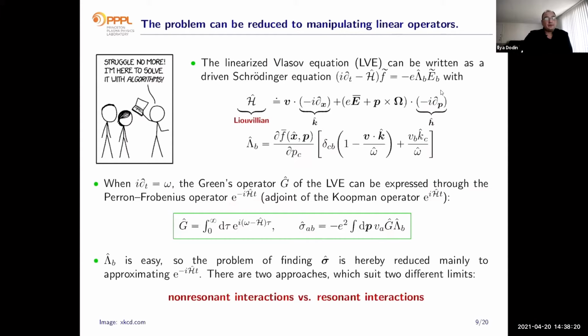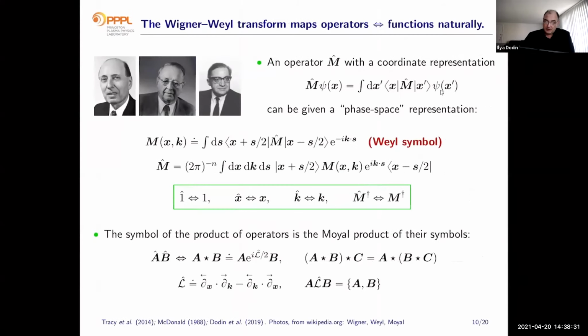And there are two approaches of how to do this operator-based method. Plasma wave physics is a lot like quantum mechanics. You basically manipulate linear operators, and one of them is to use Weyl calculus. I assume that everyone knows this, but let me just remind you or maybe introduce the notation that I'm using. So we're talking about integral operators. Conductivity is an integral operator.